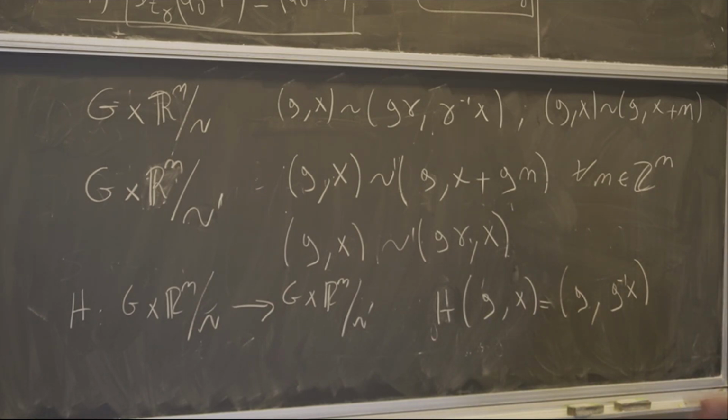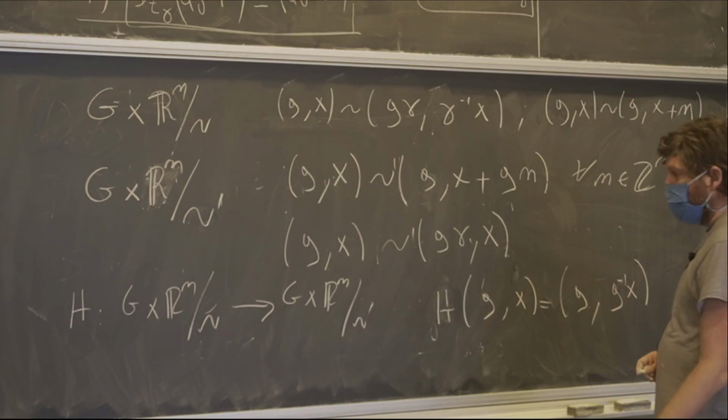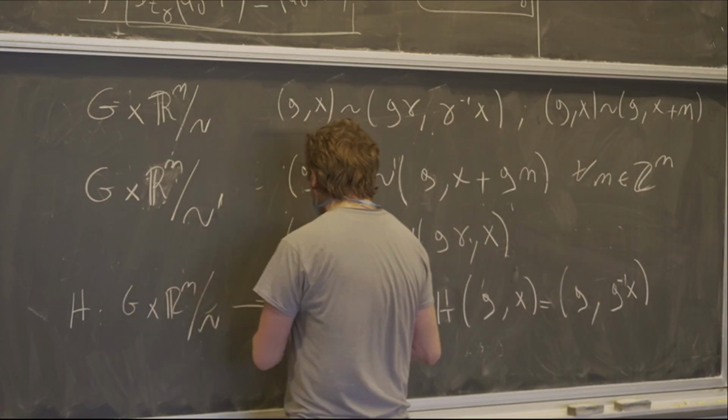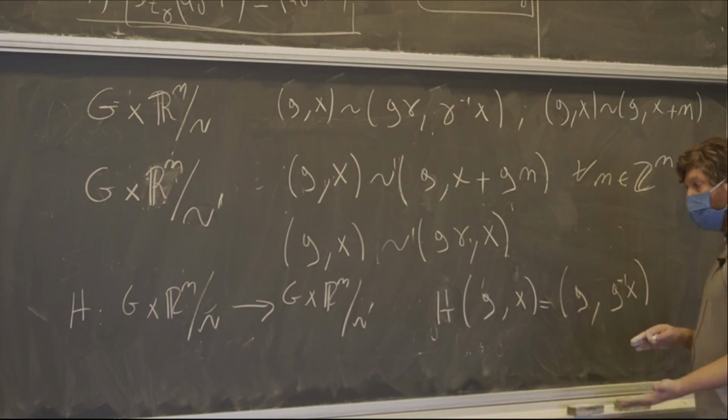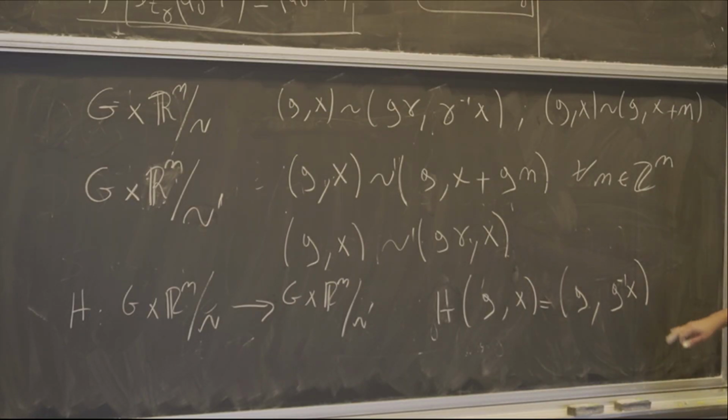Now, I need to check that this H is well defined. So this H, I define it from G times Rn to G times Rn. I need to make sure it maps the correct guy, and since I put the primes, I really think that it should be this. Let's check.